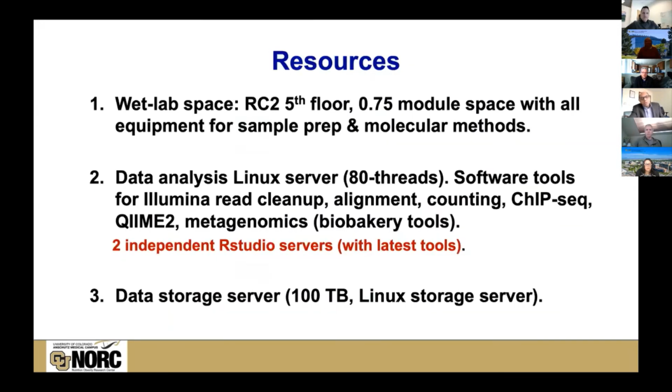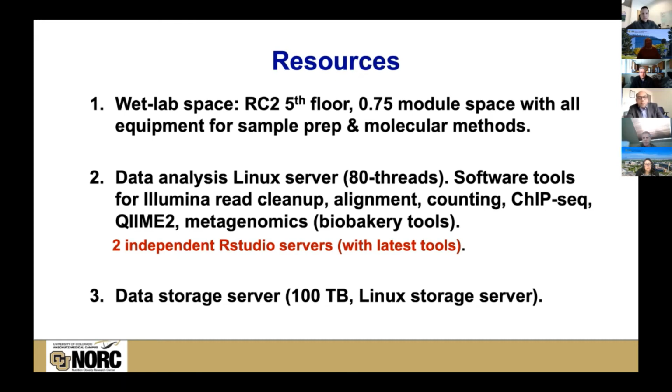The resources of the core primarily are wet lab space in the RC2 building. On the 5th floor, we have equipment to do all the molecular methods, including sample preps in modular formats, so they can be done in 96-well formats, and the equipment to prepare DNA sequencing libraries.